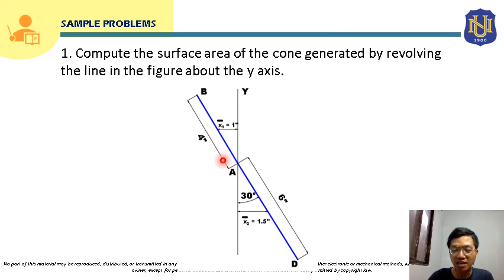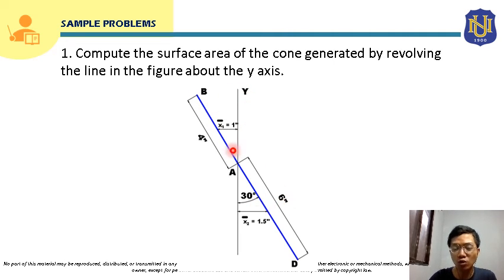So what we're going to do here is separate, or divide, this line BD into line BA and line AD, and then we are going to separately revolve them about the y-axis. We cannot revolve this entire line BD about the y-axis because this axis intersects line BD.